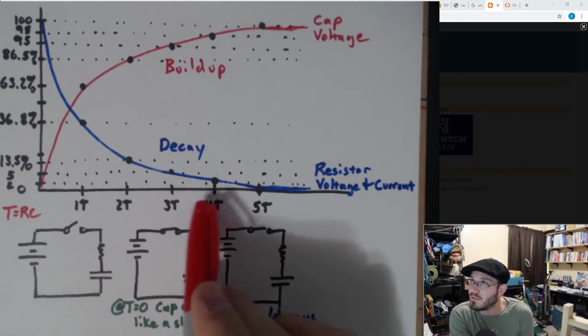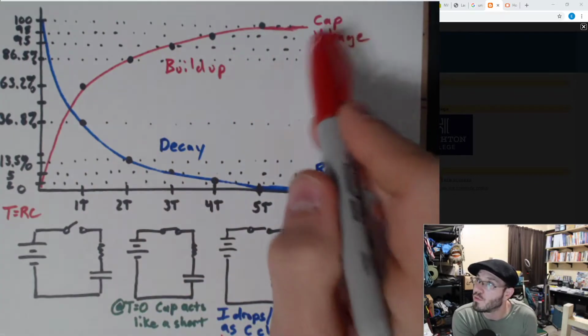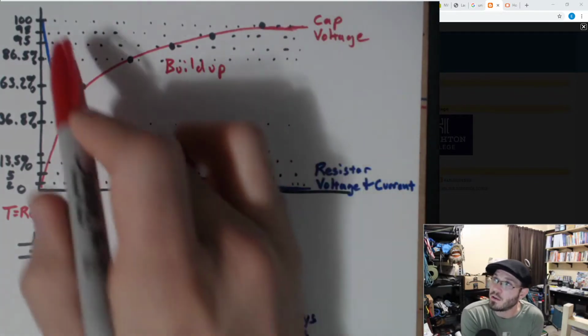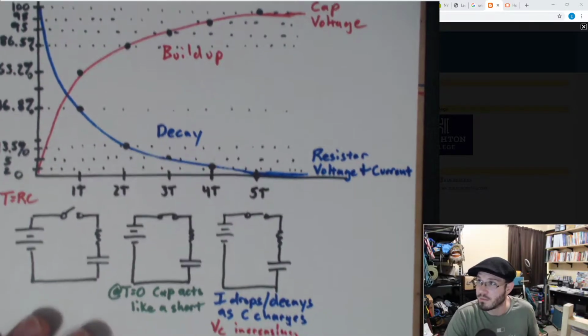And so it takes 5 time constants to reach the point at which the cap is fully charged and we have 0 current going through our circuit.